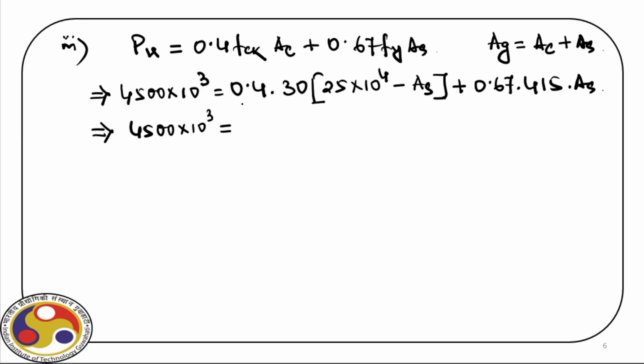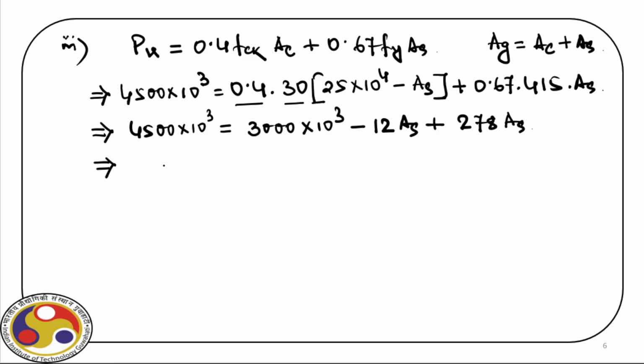Here if you multiply 0.4 with 30 and then 25 into 10 to the power 4, we have 3000 into 10 to the power 3 minus 12 As plus, if you multiply 0.67 with 415, we have 278.05. Let us not consider that.